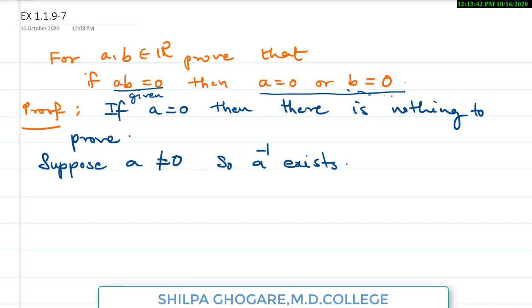Now let us start with the given fact. Since AB is equal to 0, what I'll do is I will multiply both the sides of this particular equation by A inverse.